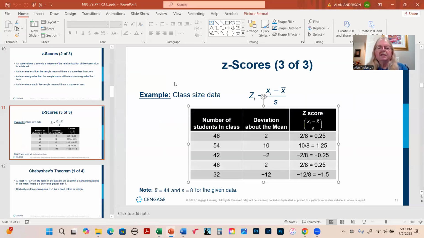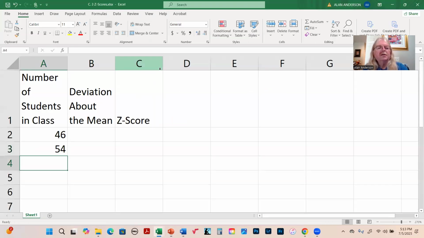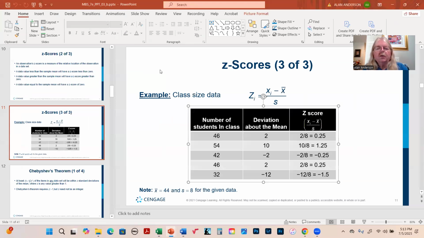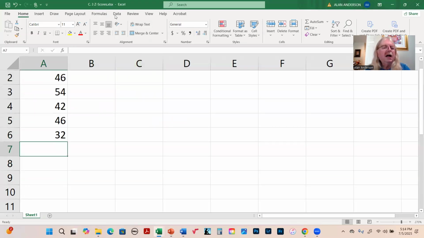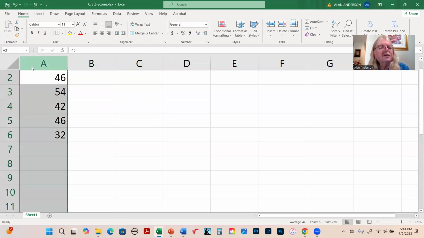So first we have 46, 54, 42, 46, and 32. So I think now they're giving us the mean and standard deviation, but I just want to confirm.